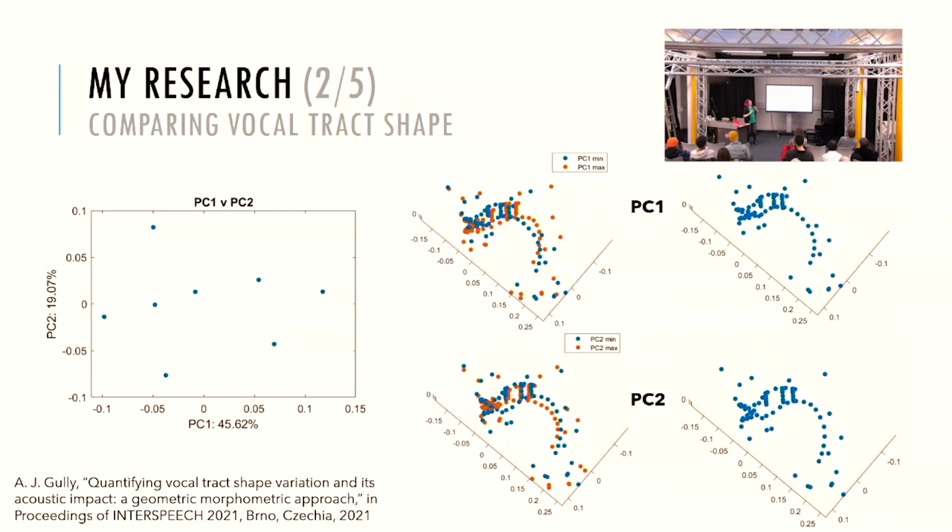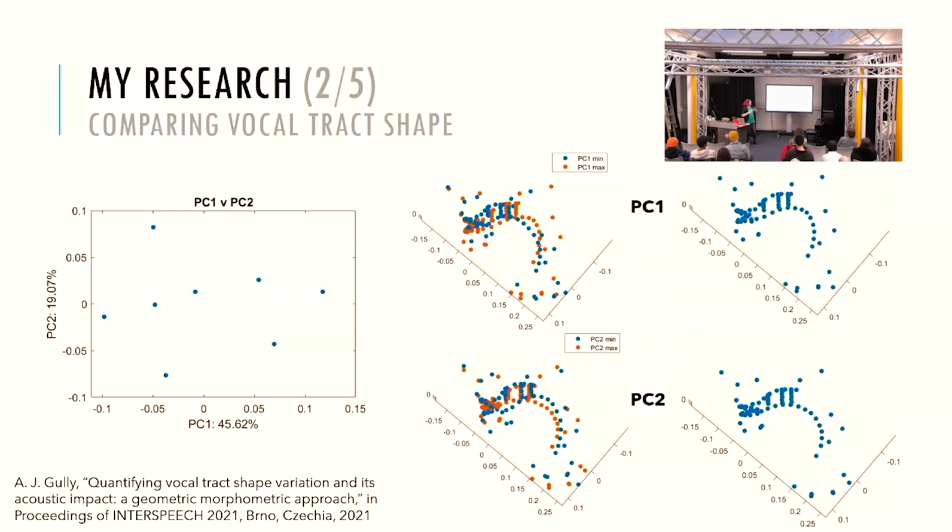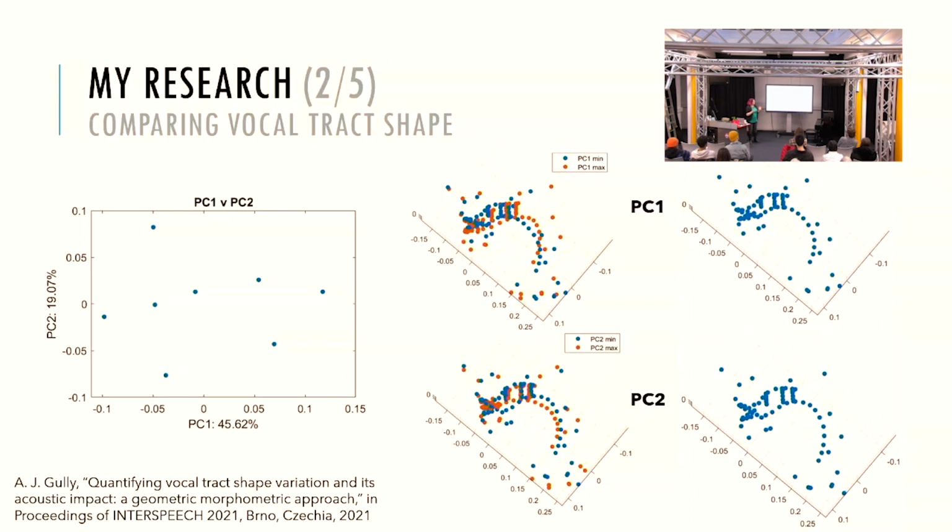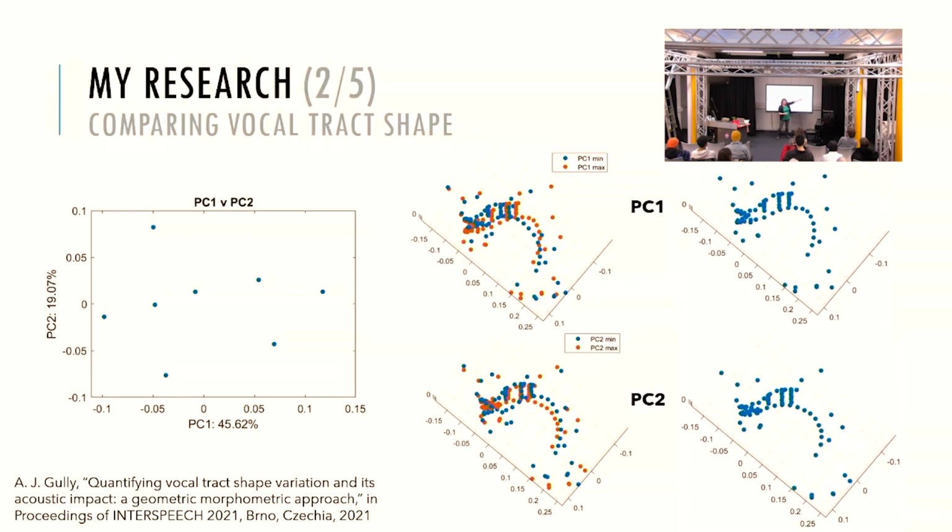And we can do nice statistical things like principal component analysis in terms of shape. So we can say, right, in this population, this is a very small population of 8 speakers, 4 male, 4 female, how does vocal tract shape vary? What's the first largest component of vocal tract shape variation? And it turns out for these speakers, this is animated, but it's a bit slower than I want it to be.